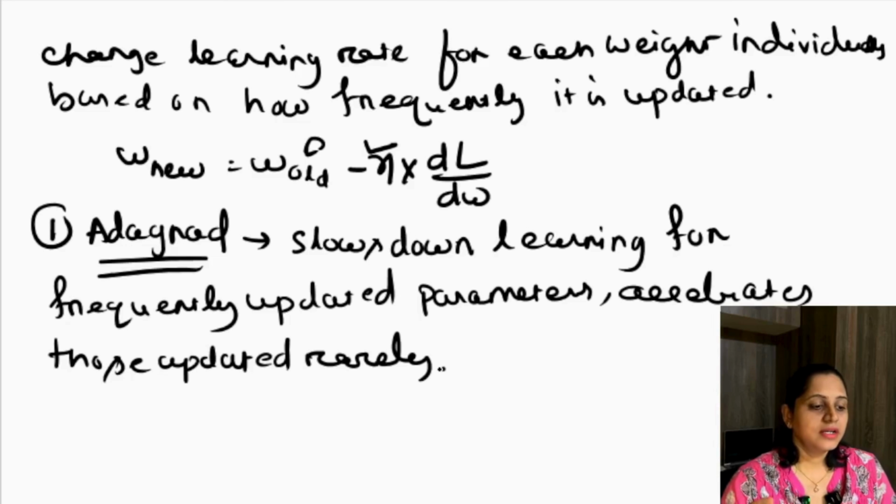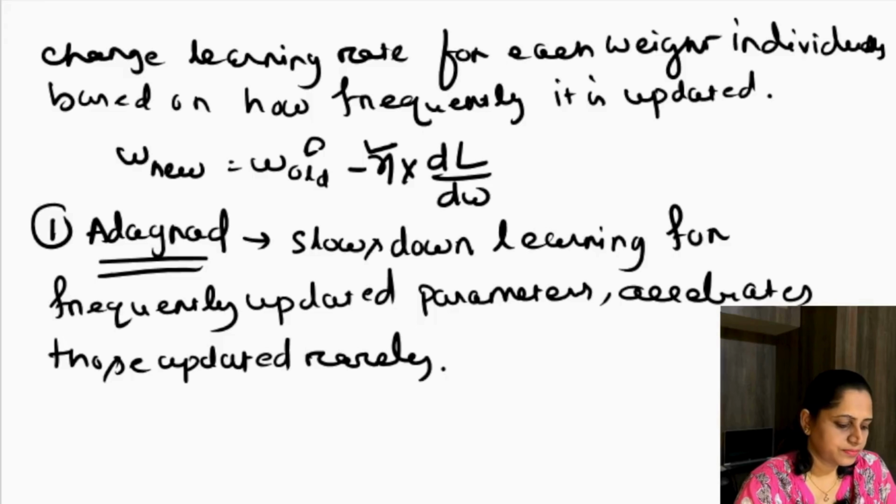So when Adagrad is happening, it slows down the learning of the frequently updated weights, and it gives importance to the ones which are not frequently updated. That means it wants all the weights to learn properly. They do not want to miss anything. That's why Adagrad comes into the picture.